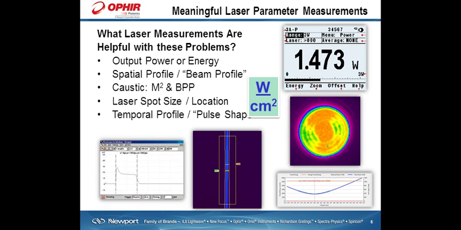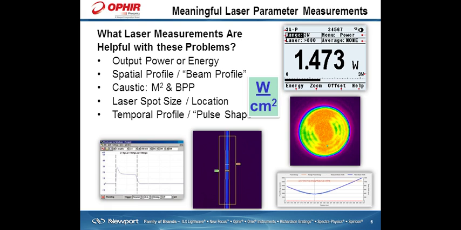Next is your spatial profile, what's commonly known as the beam profile. Beam profiling, you've probably heard that term as well, is where you're measuring the beam size or the spot size, the beam shape, the beam roundness, a fit to a Gaussian or a fit to a top hat. Those are what you're going to be measuring when you measure a beam profile.